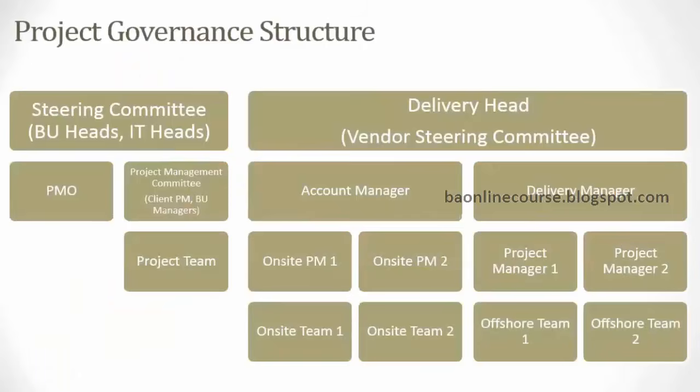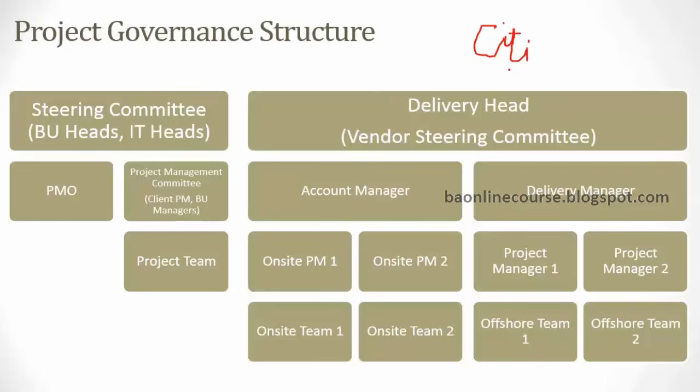So that's how a typical IT organization is structured. Now let's spend some time understanding how a project is structured. A typical project would look something like this. Let's continue the same example of Citibank. Citibank would not have only one project running.